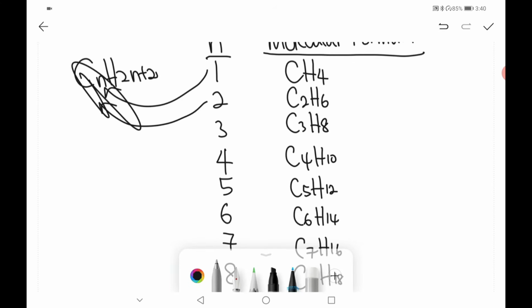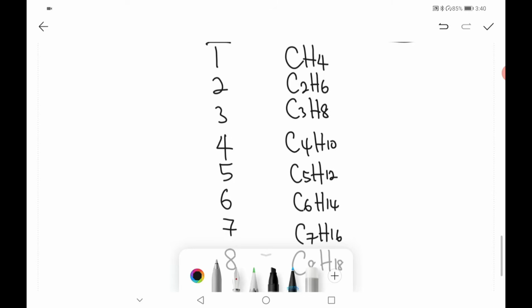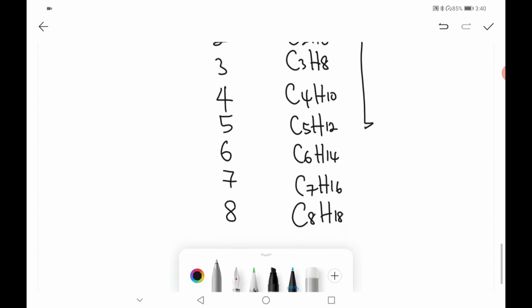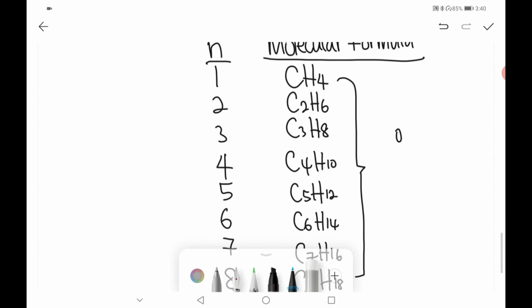All these formulas, please don't memorize. Predict them yourself.